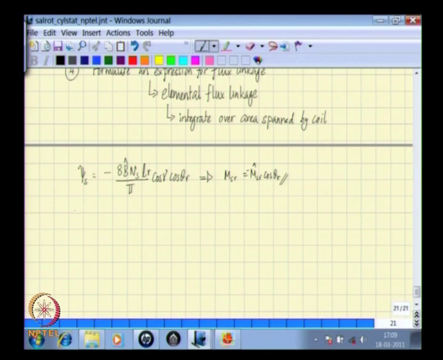Now, in this system we have one coil on the stator, one coil on the rotor, which means electrically when we try to write down expressions for describing the system behavior, we would have to find out the self inductance of this coil, we have to find out the self inductance of this coil, and then there is a mutual inductance between these two.